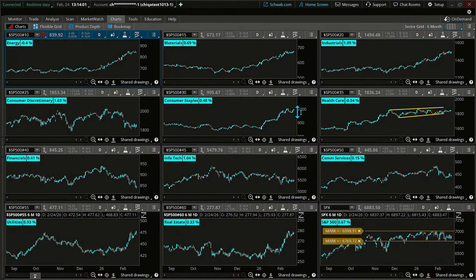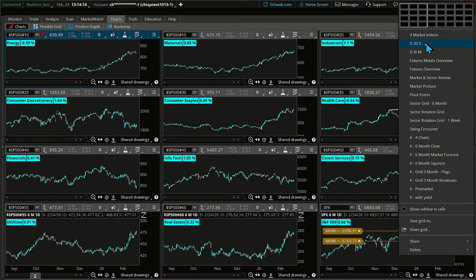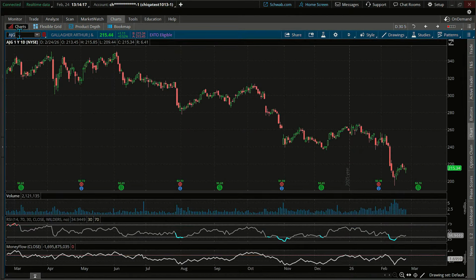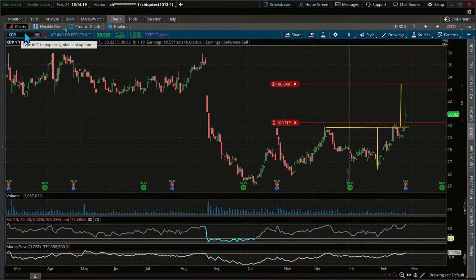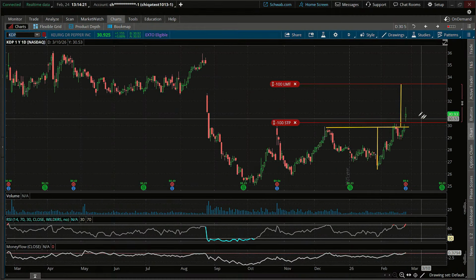It's funny, they're right at the big $1,000 level, collectively. But that could be an interesting move if it does break out, because the sector's showing some strength. And right now, we're just seeing some follow through with a stock that falls in that area, KDP. So, a long discussion on that, but I wanted to highlight this.